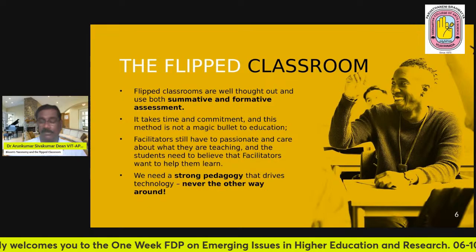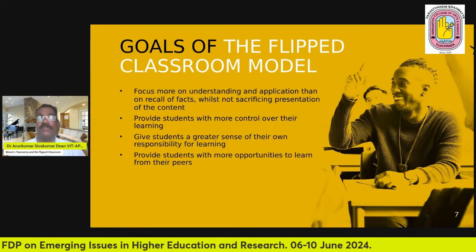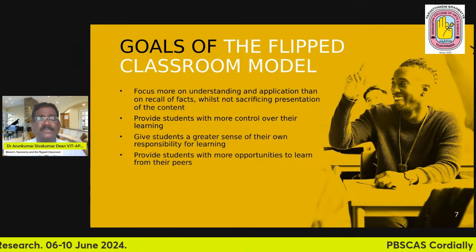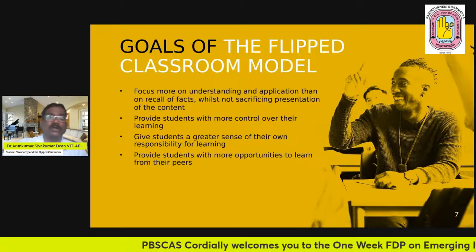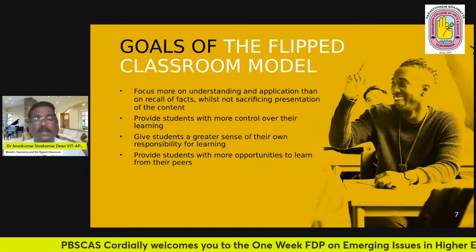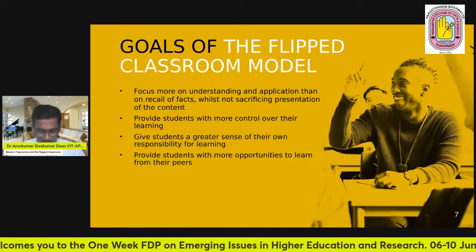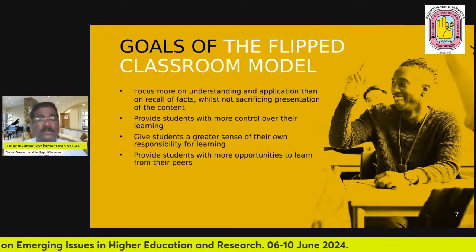Moving further, what is the goal of a flipped classroom model? Focus more on understanding and application, rather than just recalling facts. It also provides students with more control over their learning, gives them a greater sense of their own responsibility, and of course provides more opportunity to learn from peers.